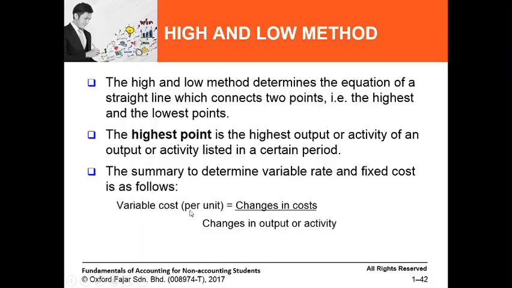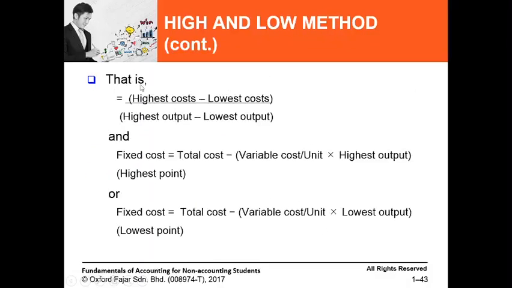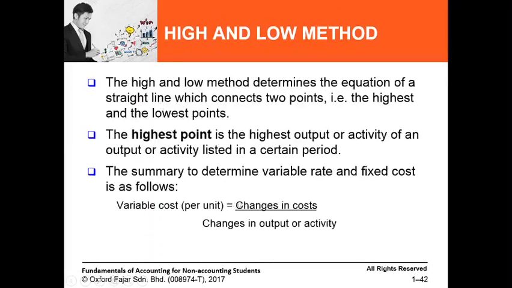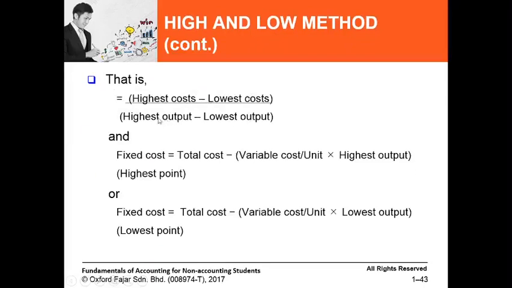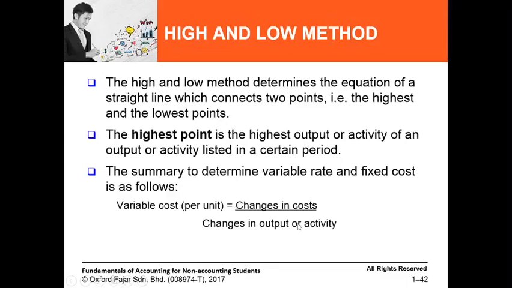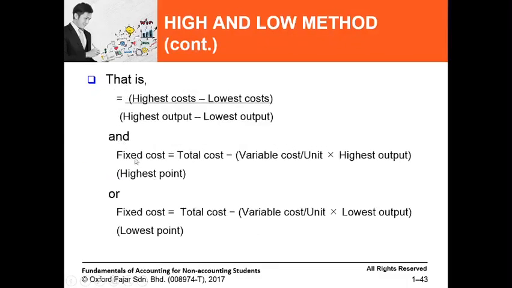Variable cost per unit equals changes in cost divided by changes in output or activity. That is, highest cost minus lowest cost is equal to changes in cost, and highest output minus lowest output is changes in output or activity. And how do you calculate the fixed cost?